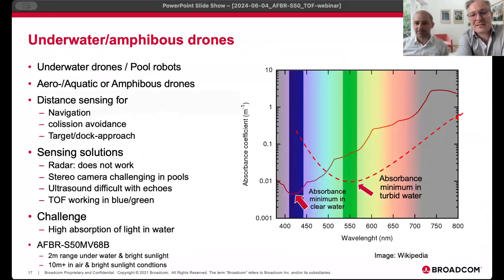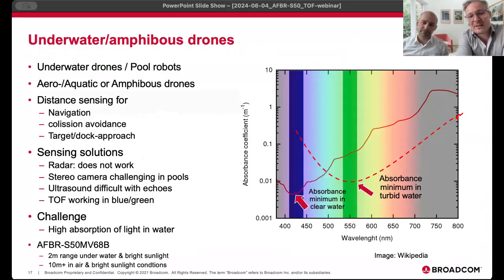The drawback is that the absorption coefficient of water is extremely high for IR light. So you're not able to see more than probably 20, 30 centimeters in water, and that's probably what most people would consider a not usable sensor with such a maximum distance.